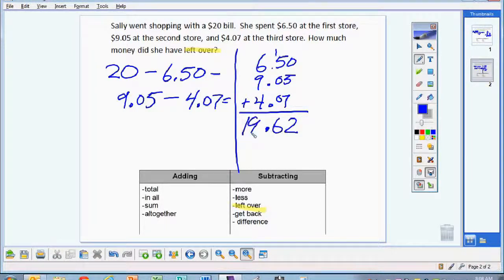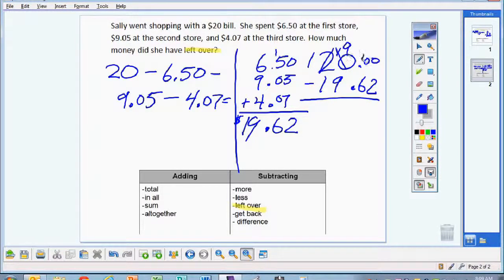So I can see she spent $19.62, so now I can use that to solve the original problem of finding out how much money is left over. Remember, we can't do 0 minus a number. I had to carry everything over.